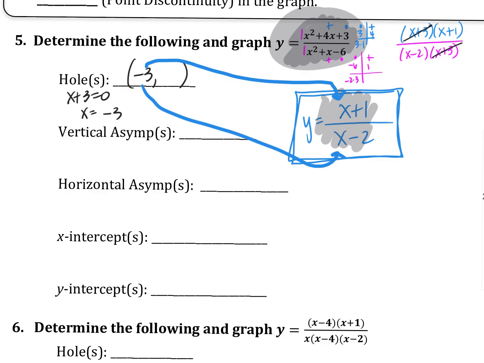If X is -3, what would we get on top, you guys? What's -3 plus 1? -2. What's on the bottom? -3 minus 2. -3 minus 2? -5. What's a negative over a negative? It's a positive. So you guys, the hole is at -3, 2/5.